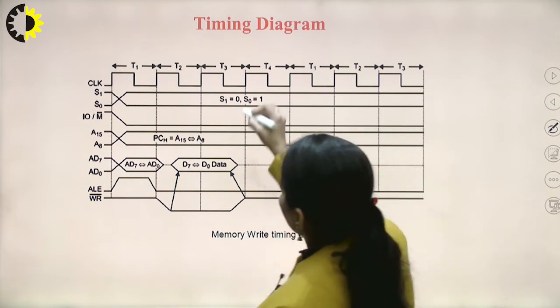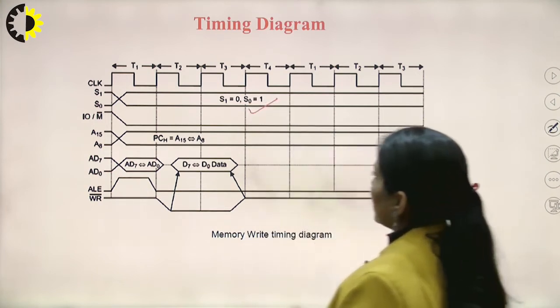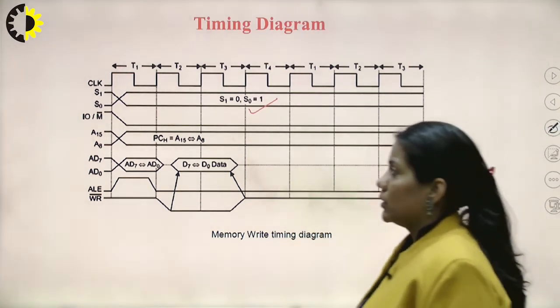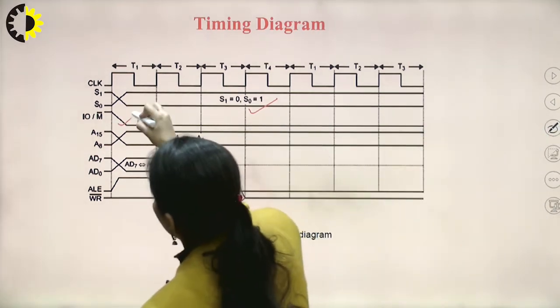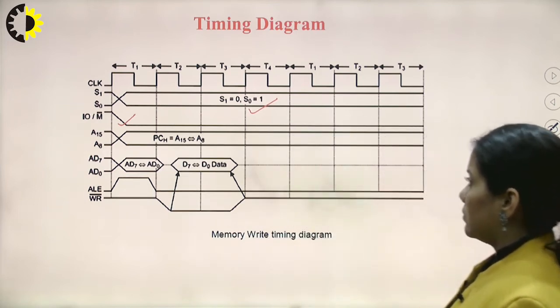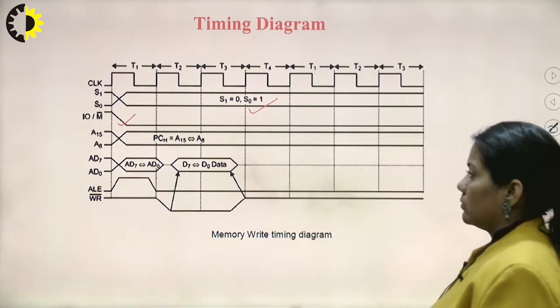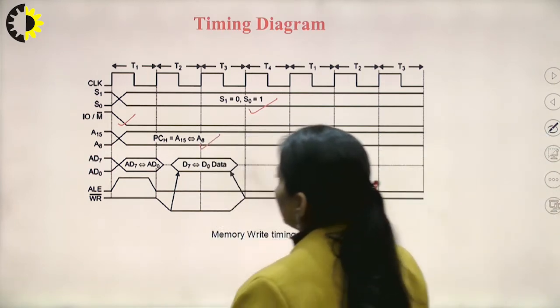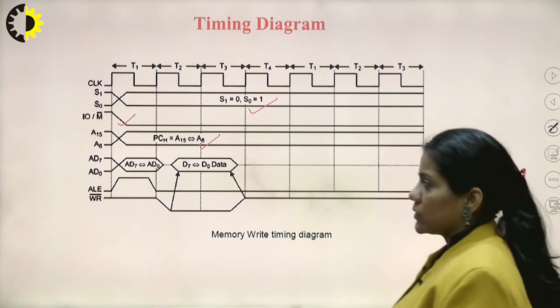We can see S1 is 0 and S0 is 1. This is the condition of a write operation. IO/M bar, since this is a memory operation, is low for activation. A8 to A15 lines are used to latch the higher order address bus.